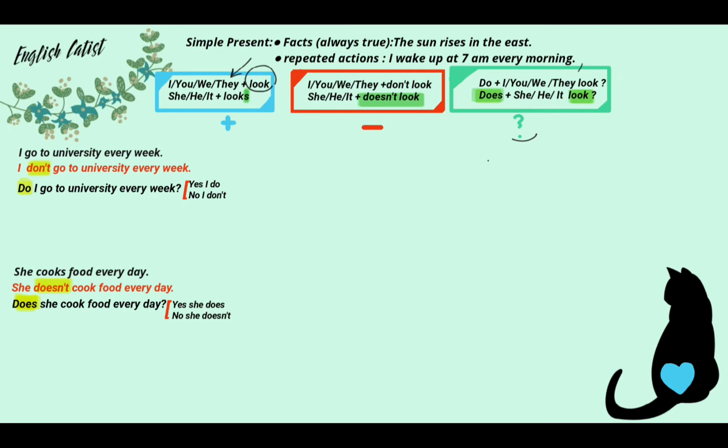We don't need anything else. But for she, he, it subjects, we have to add verb plus s, like looks, like walks, like talks. Okay, she talks, he talks.